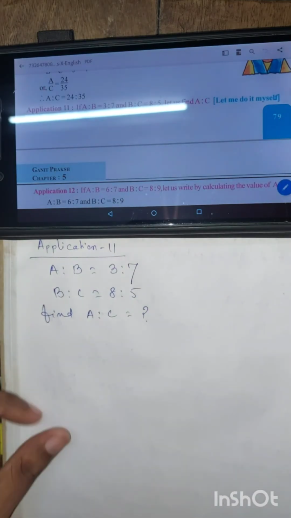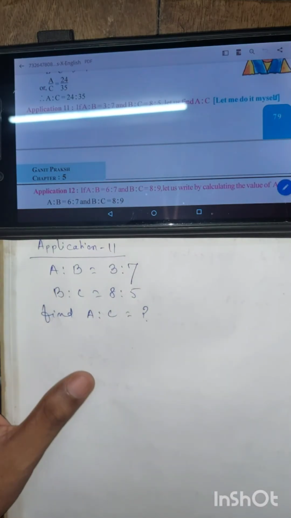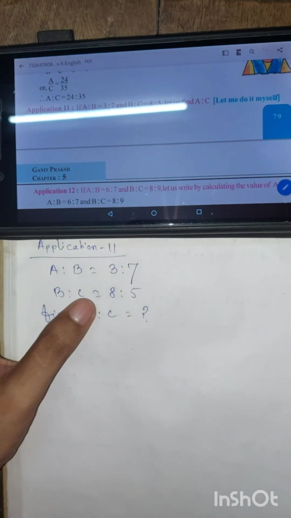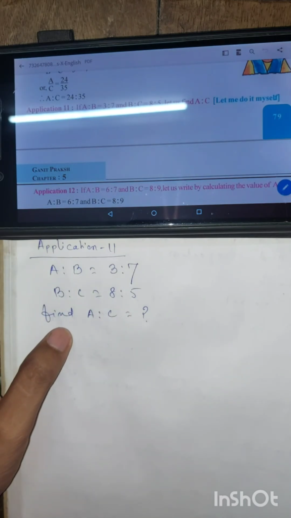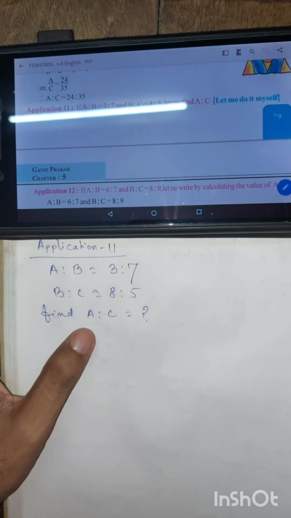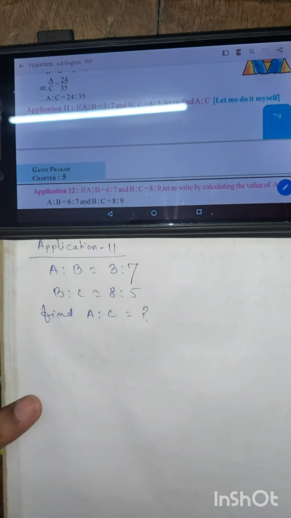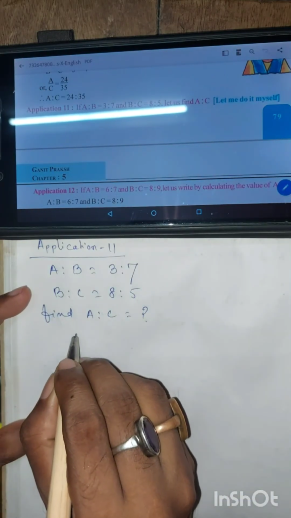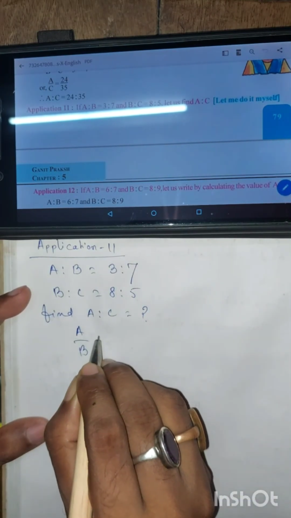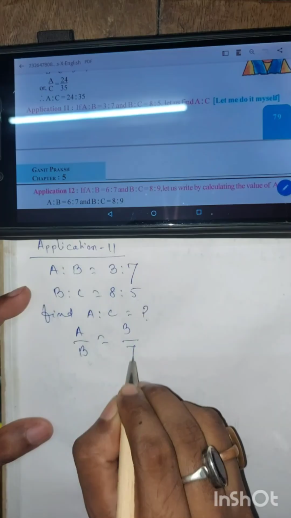Application 11 says a is to b is 3 is to 7, b is to c is 8 is to 5. So we need to find out the ratio a is to c. So a by b is 3 by 7.